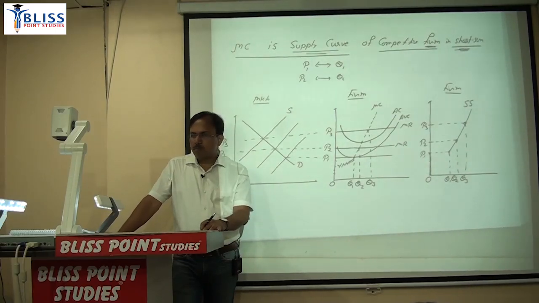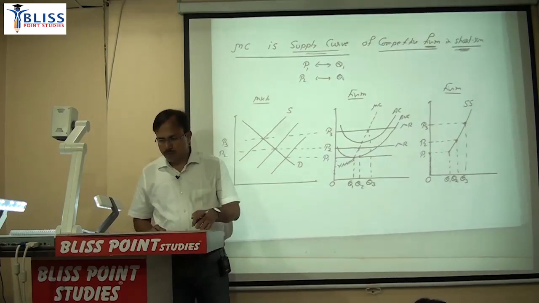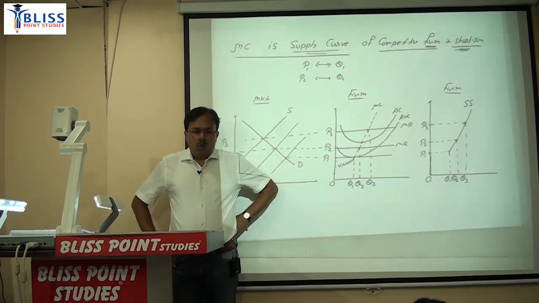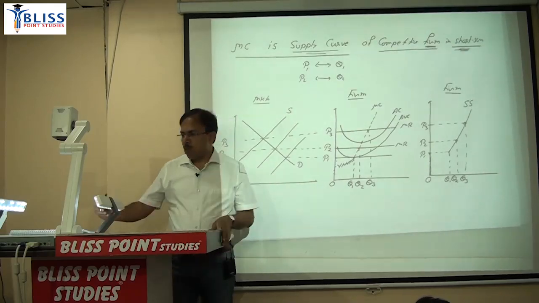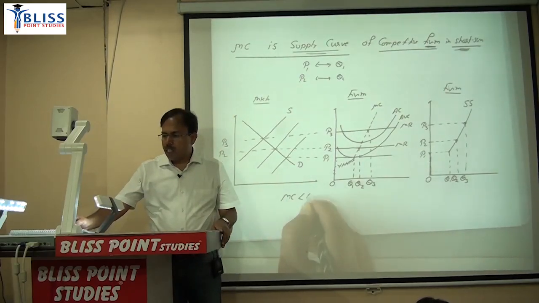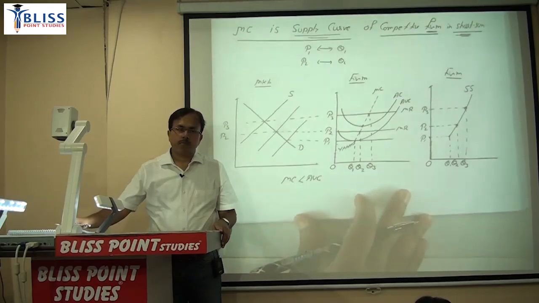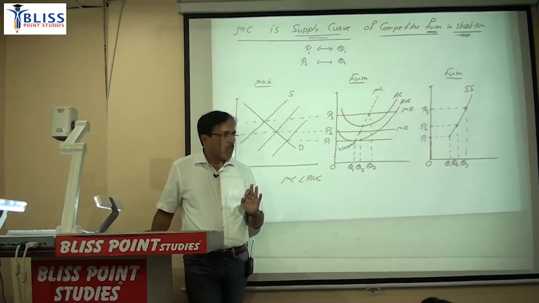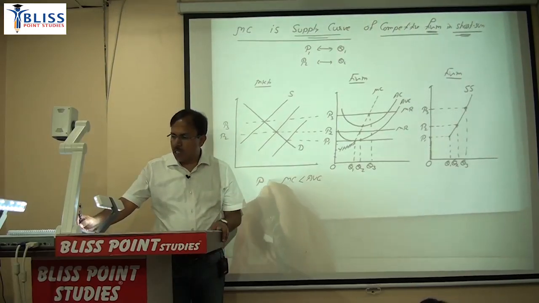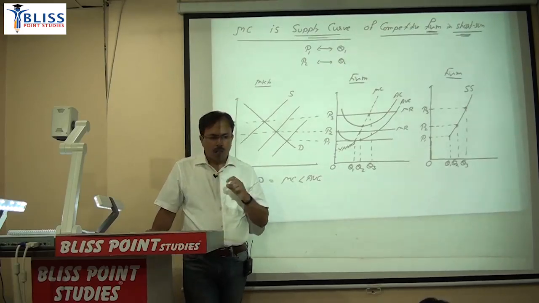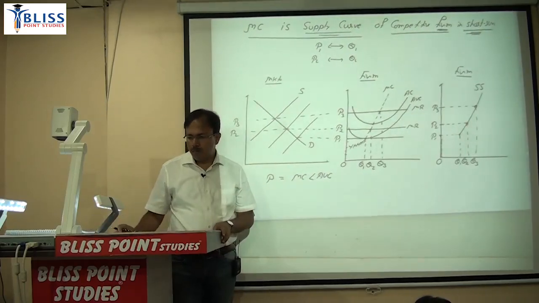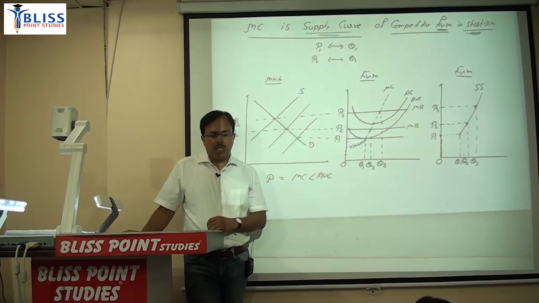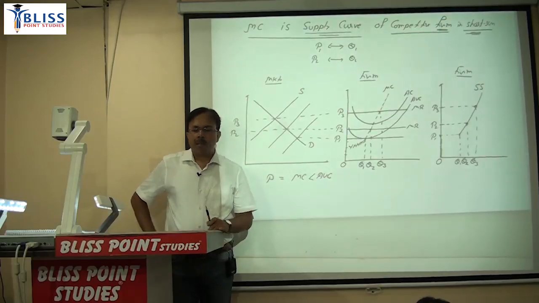This is because when marginal cost is less than AVC, then equating price with MC implies that price will be less than AVC.